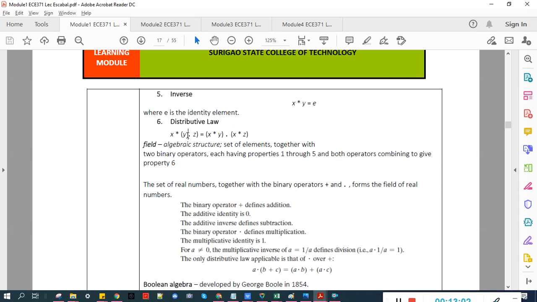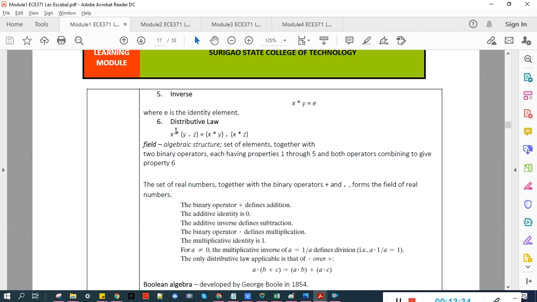For example, we are performing AND operation between y and z, and then we perform this binary operation between x and the grouping of y and z. If this binary operator follows the distributive law, then these two sides of the equation are equal.